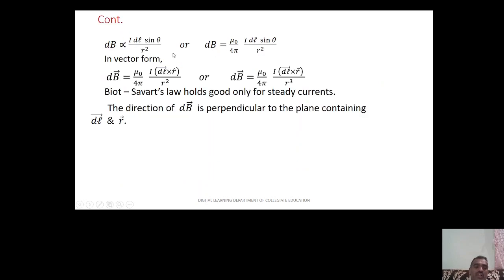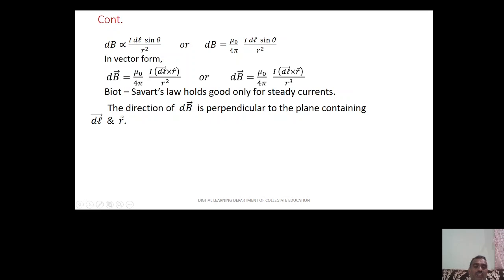Combining these statements, dB is proportional to I dl sin theta divided by r square. Removing the proportionality constant, we get dB is equal to mu naught by 4 pi into I dl sin theta divided by r square.